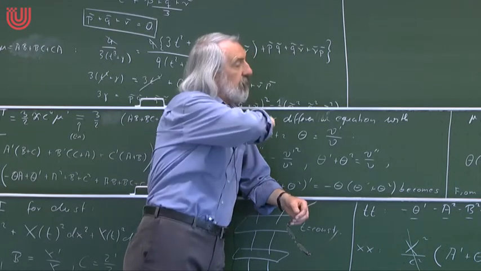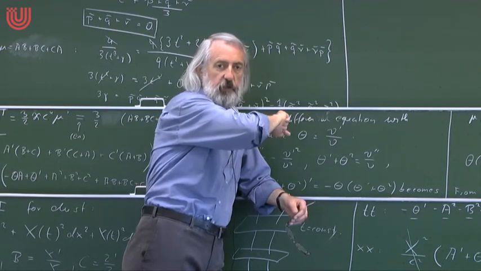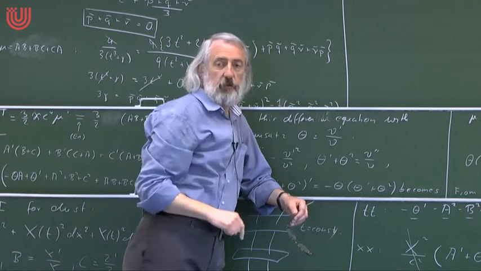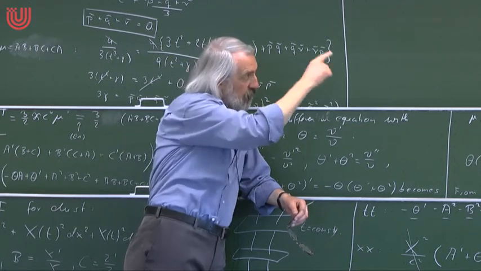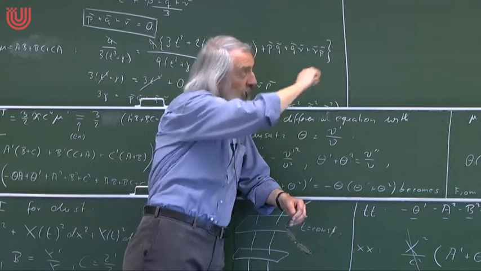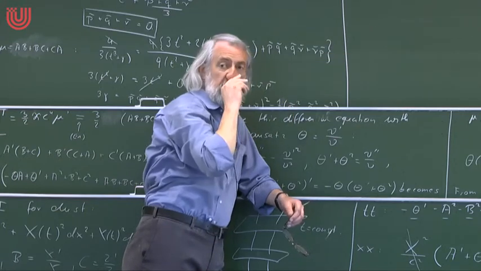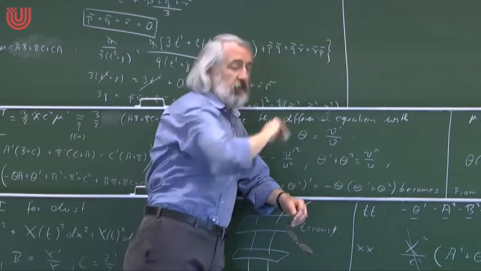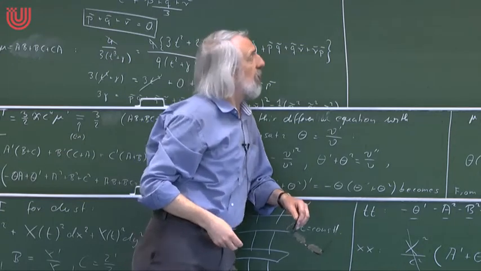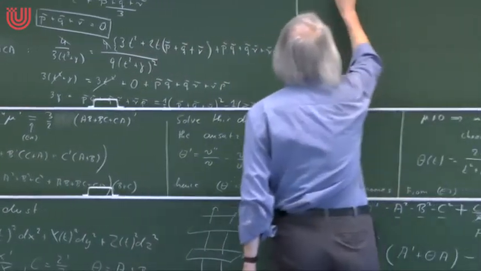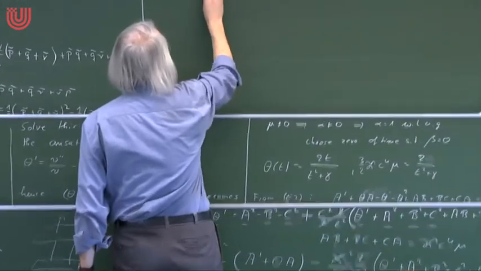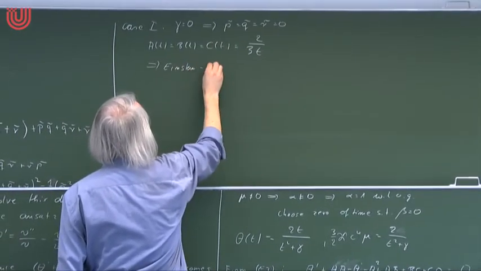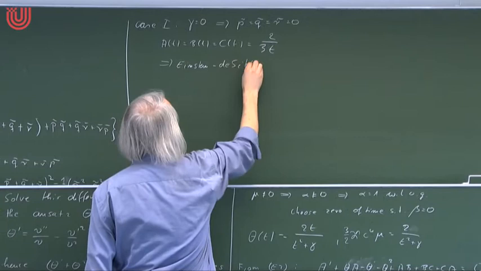And we had either the thing which recollapsed, this was a cycloid, or the thing which goes up to infinity. And the borderline case was Einstein-de Sitter. This was k equals 0. So this goes to infinity, but it just arrives asymptotically with speed 0 at infinity. So this is Einstein-de Sitter here. We know this already, so we don't have to discuss it again. So we exclude this case now.